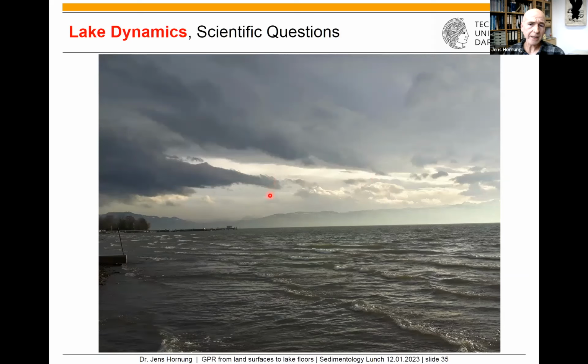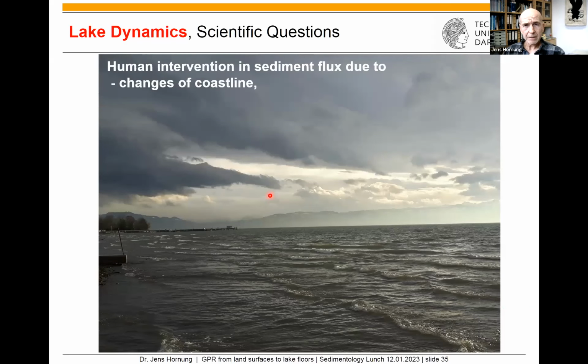And so why investigate lakes with GPR? Well, humans interact with sediment fluxes and sediment distribution processes in the littoral area, for example by changes of the coastline and by construction of flood protection. In terms of Lake Constance, the Rhine Delta was completely shifted to another location.